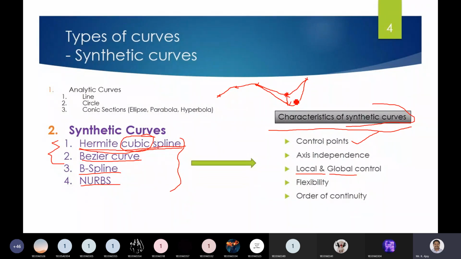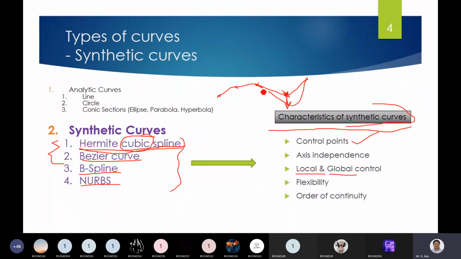What do you mean by local control? For example, after generating the spline, I select one of the points with the help of the mouse and drag it to another position.